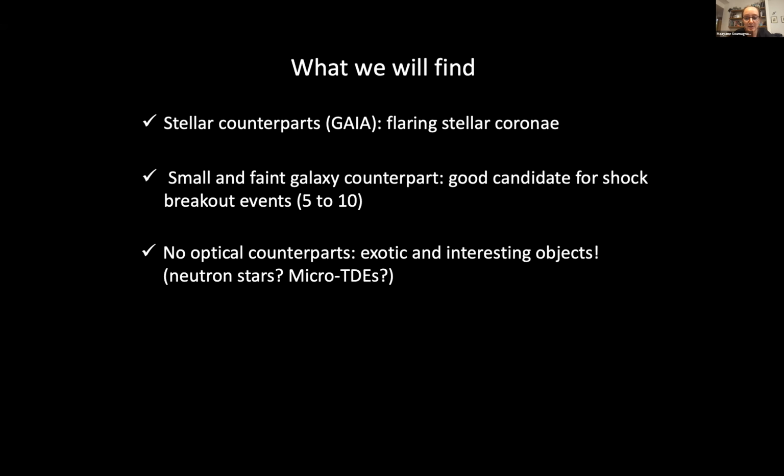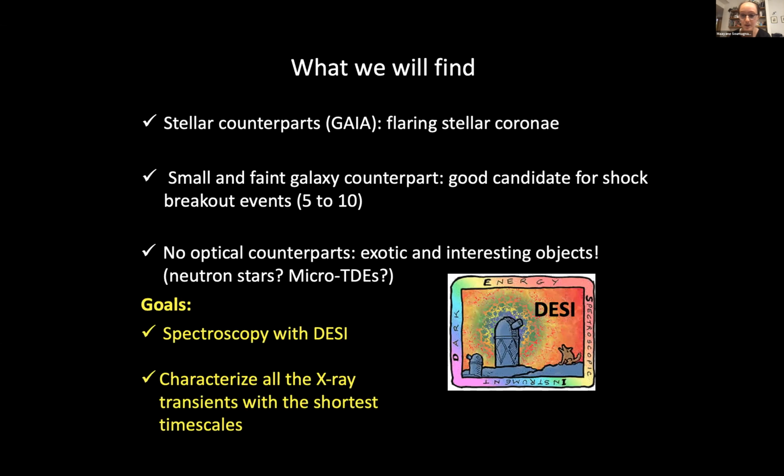And this is a blind search, so we actually hope to find things that we don't know we're looking for. Spectroscopic follow-up of a large sample of these transients is crucial, and we hope to achieve this with DESI. And as I said before, in general, a lot remains to be discovered and understood about X-ray transients with the shortest time scale.